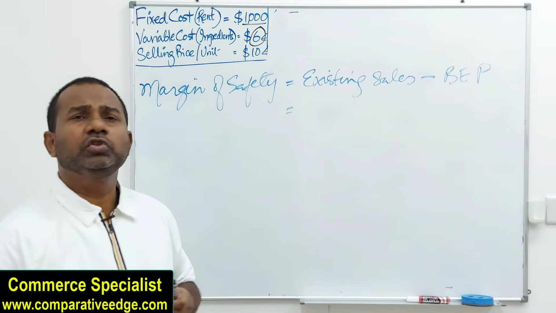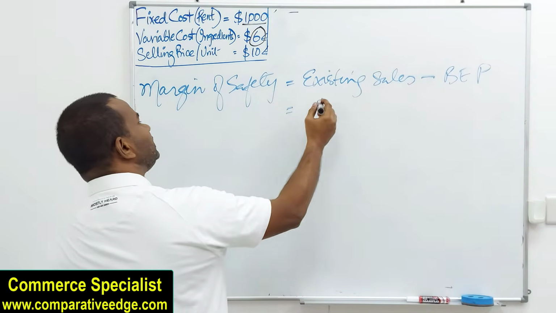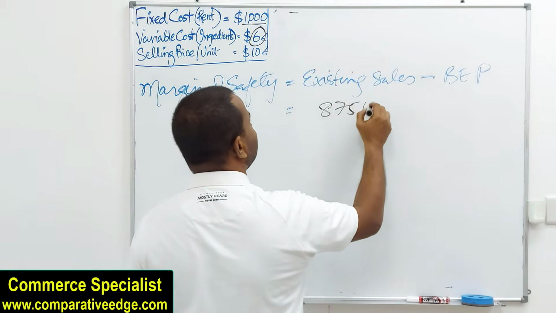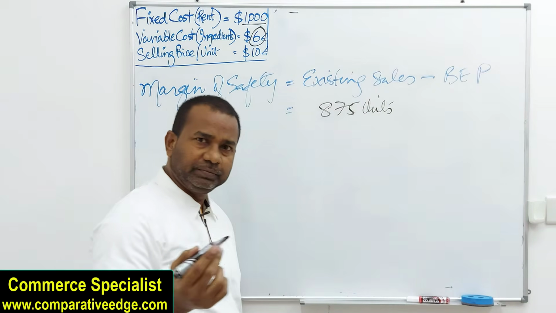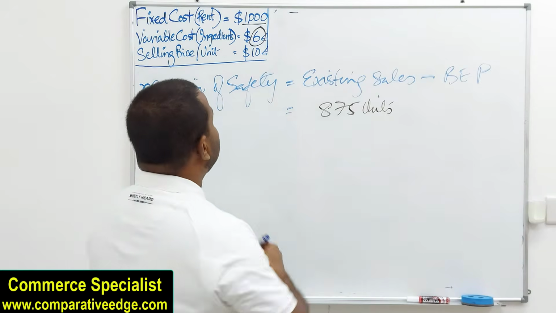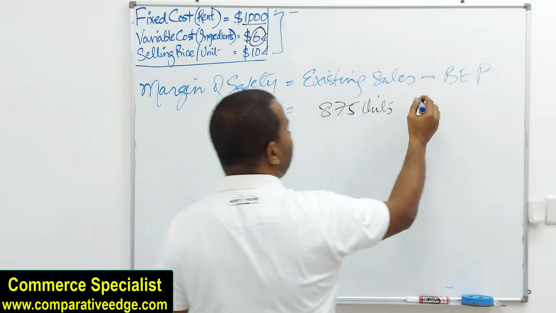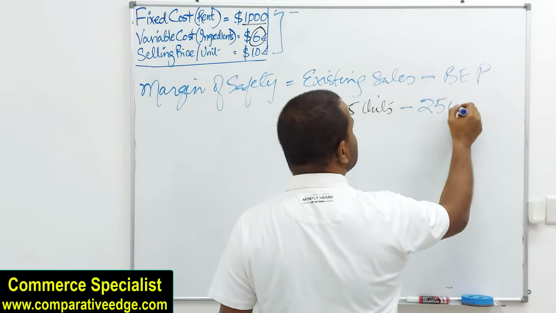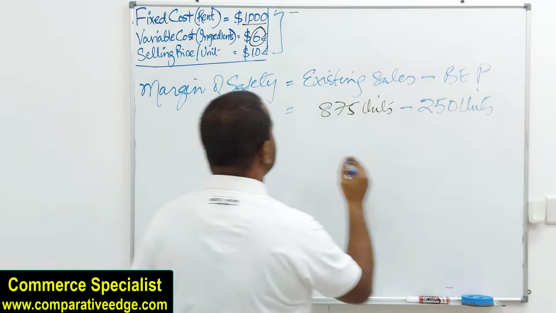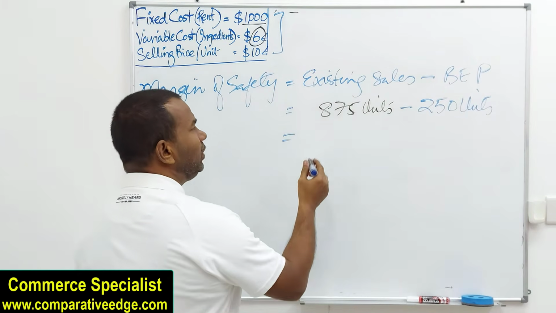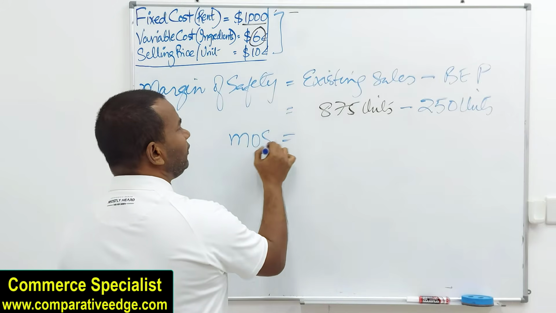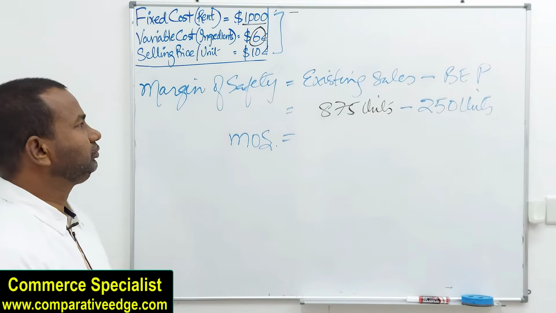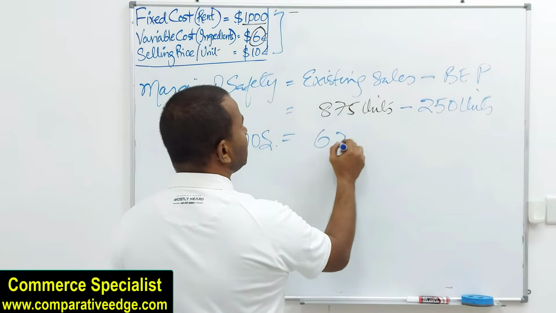I'm just assuming our existing sales are 875 units. It's just an assumption. And we know our break-even point originally was 250 units. So when you subtract, you will get your margin of safety: 625.